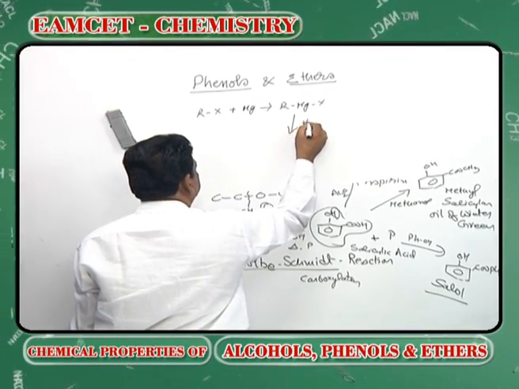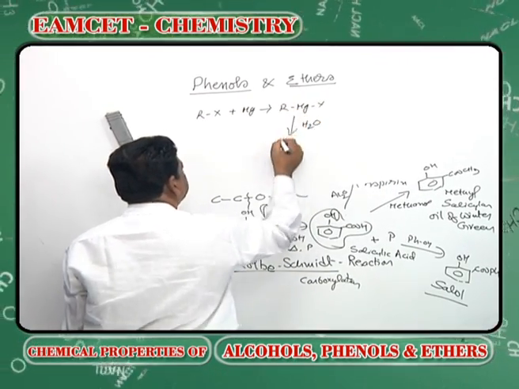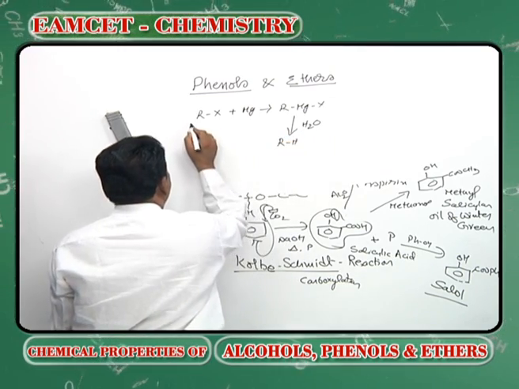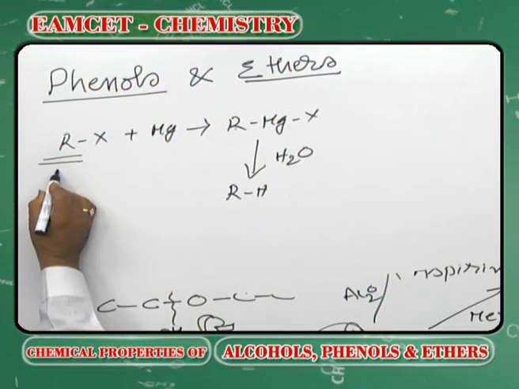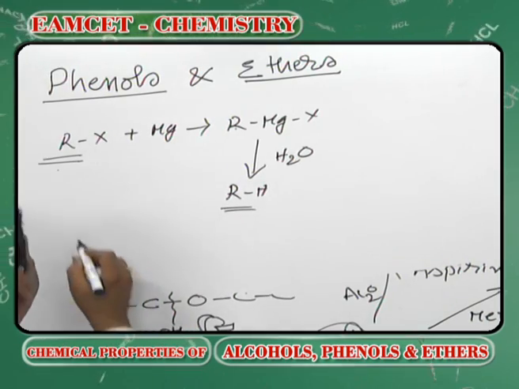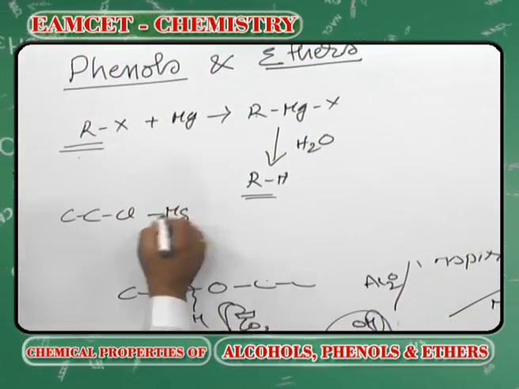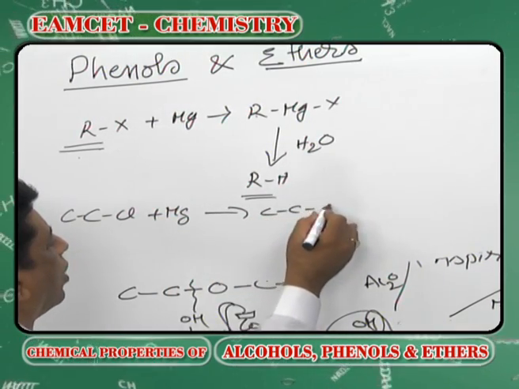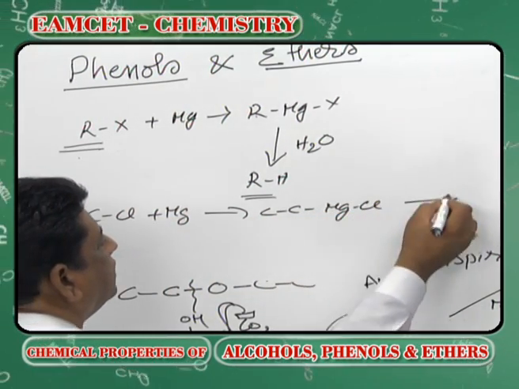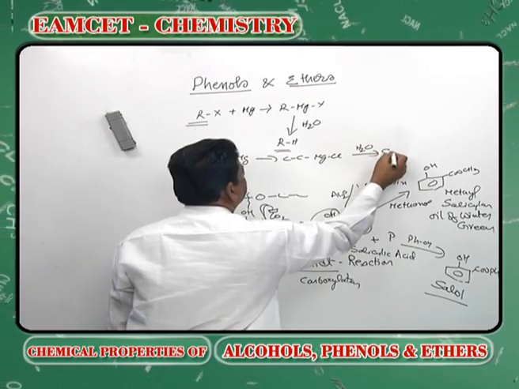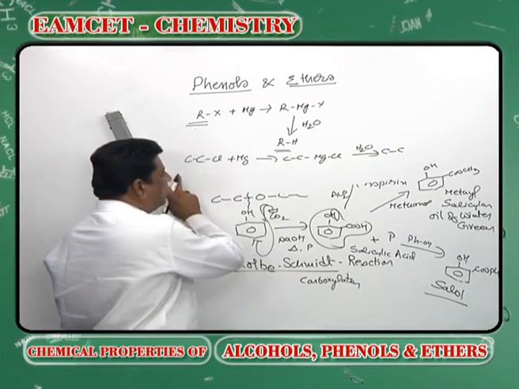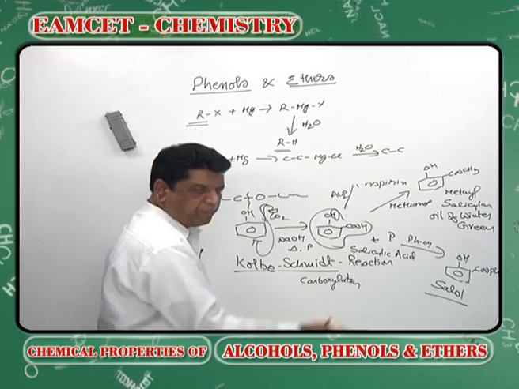When water is added to RMgX, the R will take H, and RH will come. So, in the alkyl halide, whatever the number of carbons you take, the same alkane is liberated. If ethyl chloride is taken with magnesium, you will get ethyl magnesium chloride. Hydrolysis with water gives ethane, right? If you take propyl chloride, you will get propyl magnesium chloride, and propane comes.